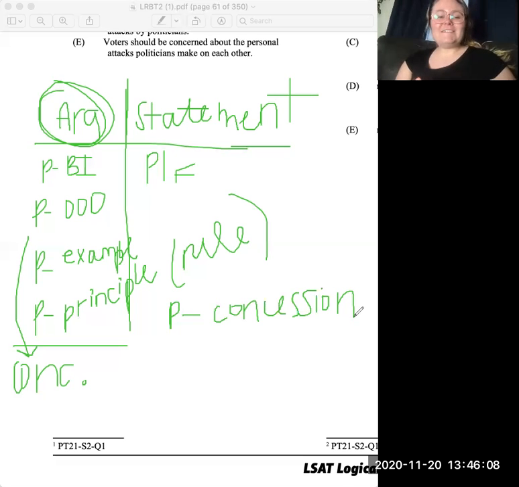The part where I say, although law school is expensive, is a concession, right? I'm saying a negative thing about going to law school. So I'm just granting the other side. Another example would be, even though it's hot outside, I still drink hot tea because it helps my throat. Even though it's hot outside is the concession.